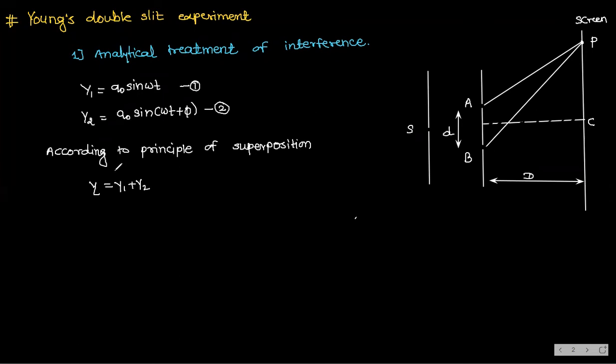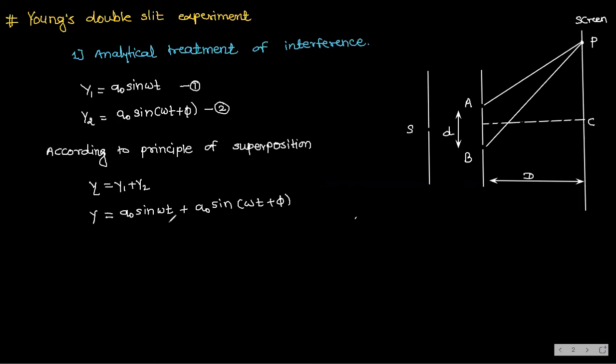But here we have only two, that's why y is equal to y1 plus y2. So let's substitute: y is equal to a naught sine omega t plus a naught sine omega t plus phi.